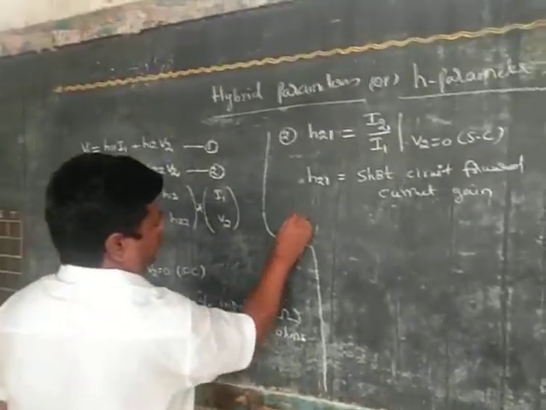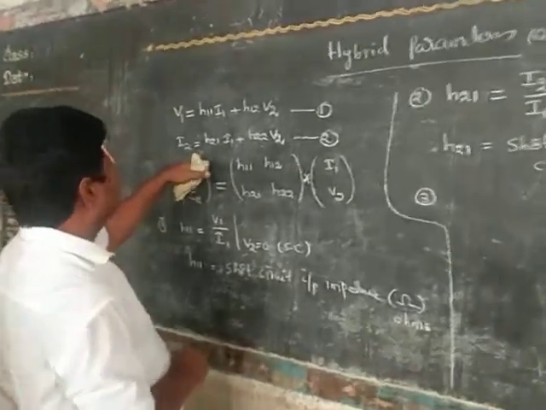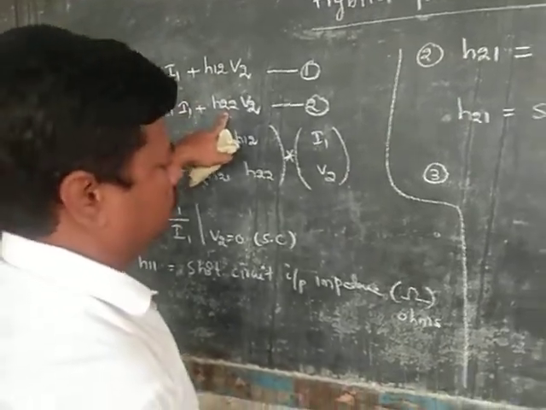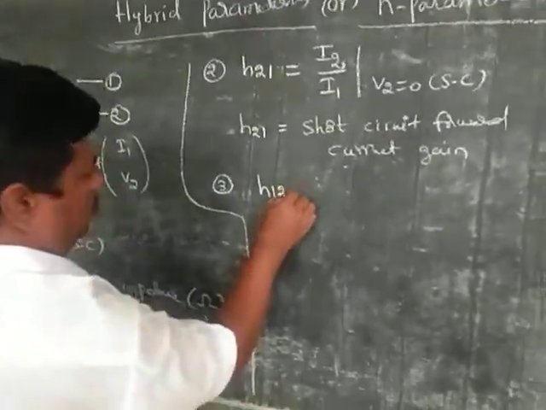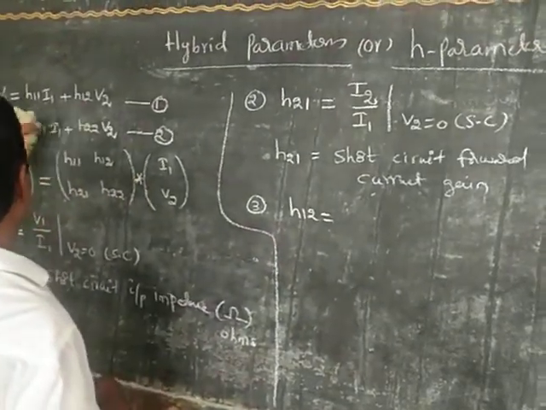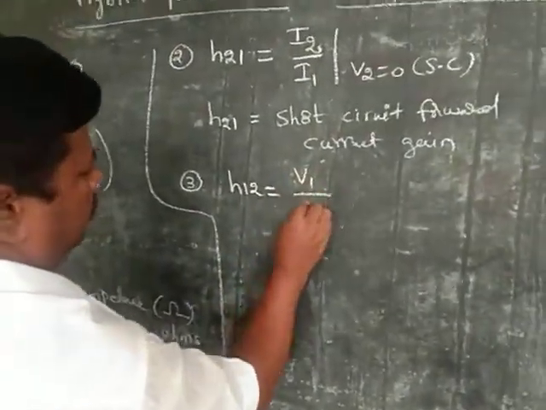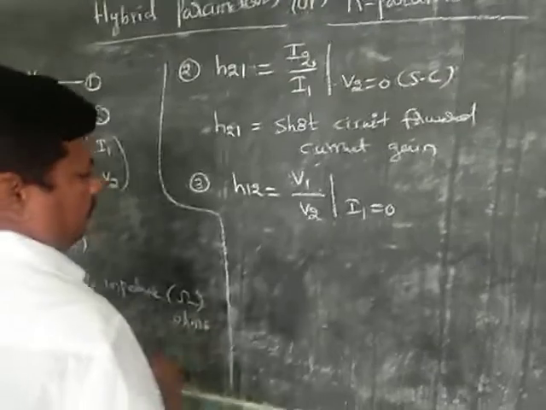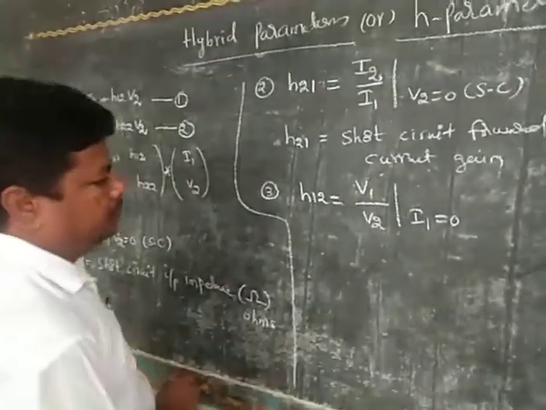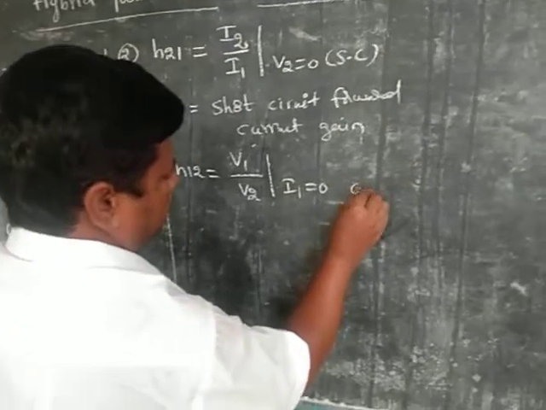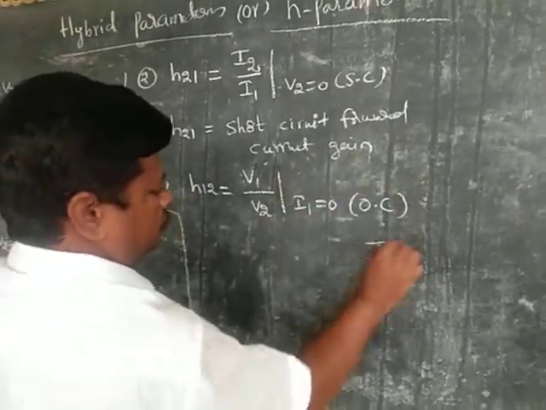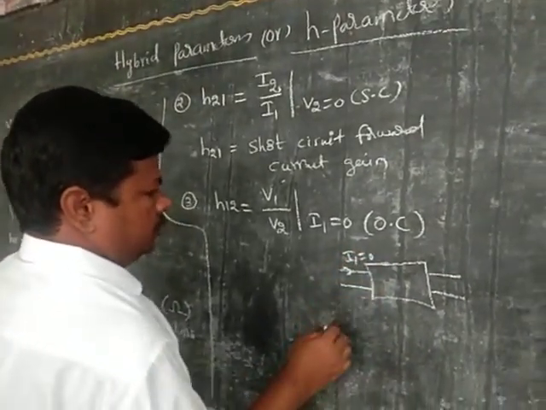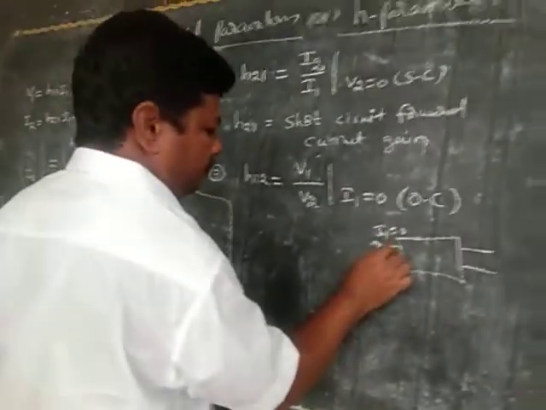Now coming to the third, H12, and then H22. H12 is equal to V1 by V2 when I1 is equal to 0. I1 equal to 0 means no current flows, which means open circuit.